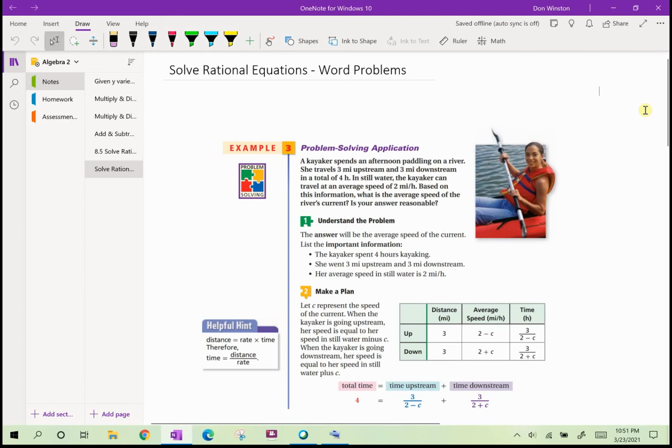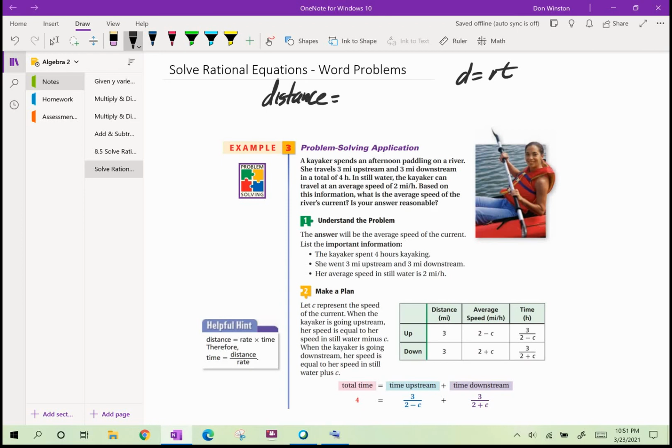The first example, example 3, involves an application of the distance formula. So again, to recall, distance, how far you travel, is equal to rate, how fast you go, times time, how long you travel at that rate.